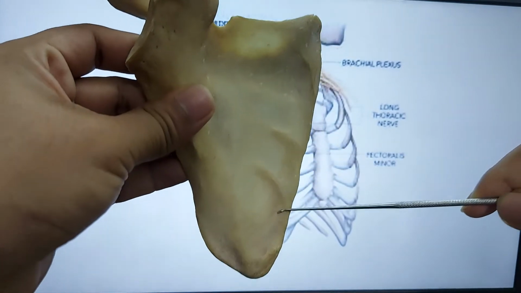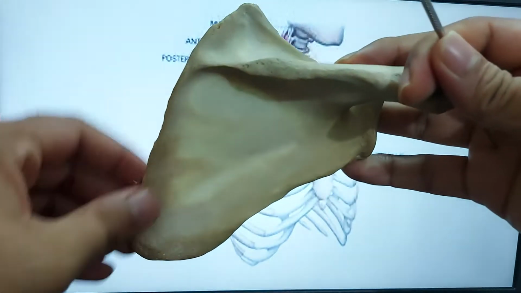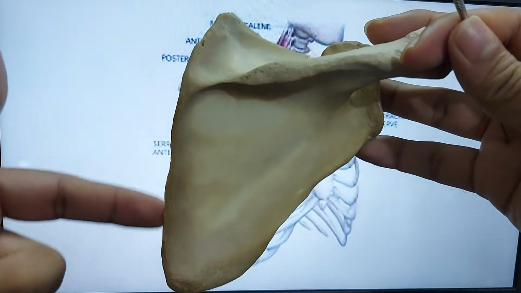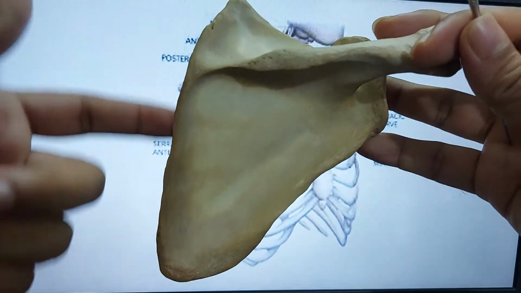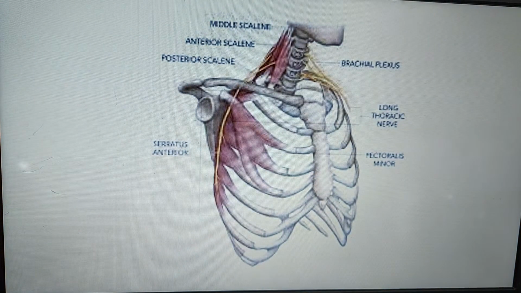In this border the serratus anterior will insert. So this bone will be placed like this in the anatomical position. In this part of the bone, the serratus anterior muscle is inserted. So these are the muscles of this pectoral region.